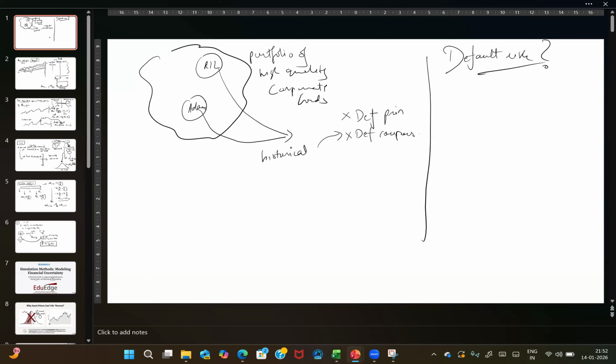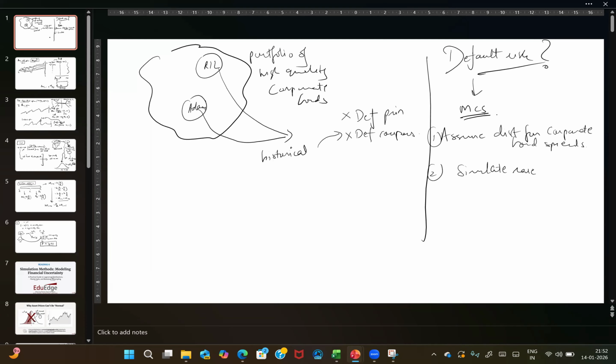So how do we calculate default risk is a big question mark, right? So there we will utilize the Monte Carlo simulations approach where we will assume a certain distribution for these corporate bond spreads or prices.